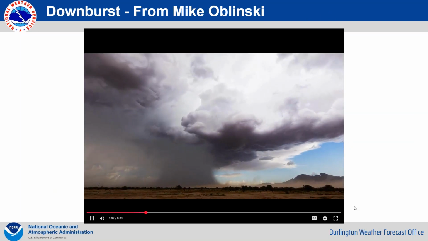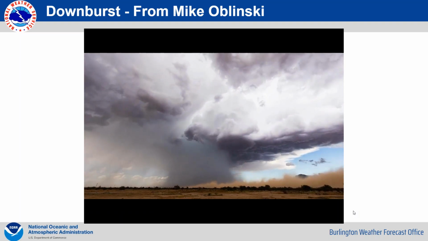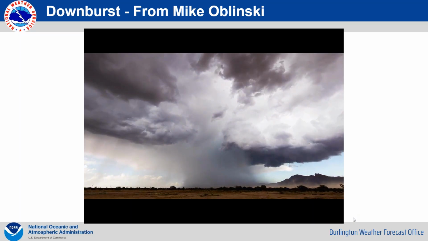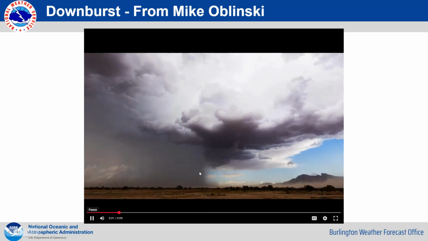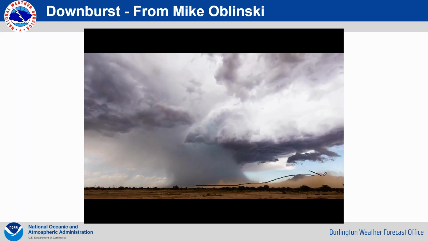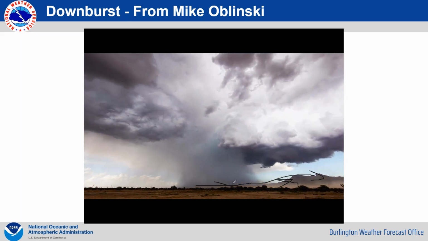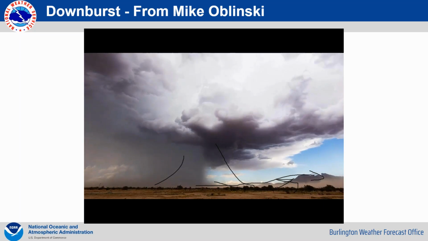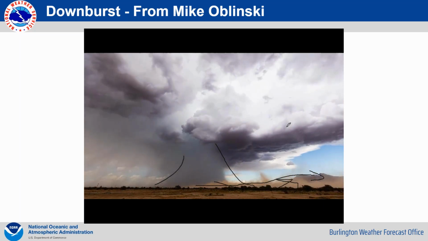And so here out in the desert, you have plenty of dry air and greater visibility than forested Vermont and northern New York. So you can see how this downburst is kicking up dust as it moves out of the thunderstorm. The rain shaft develops somewhere off in the distance, but you can see all the winds that are moving out ahead of it.